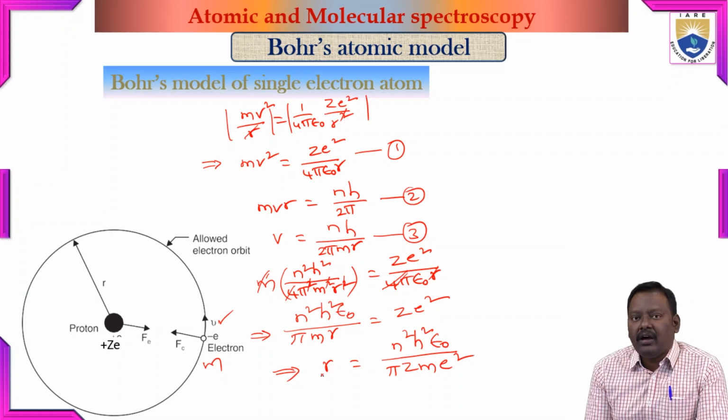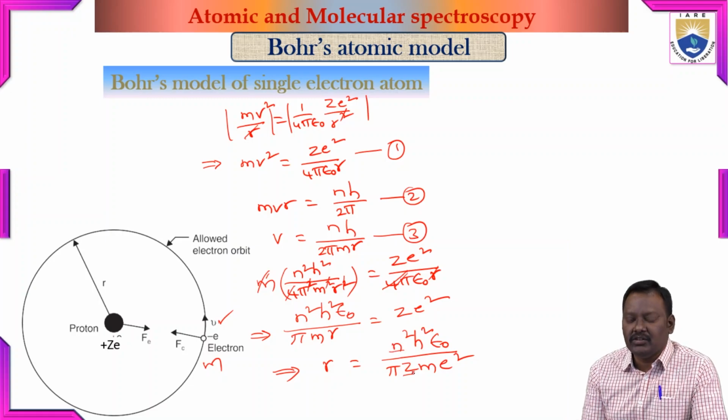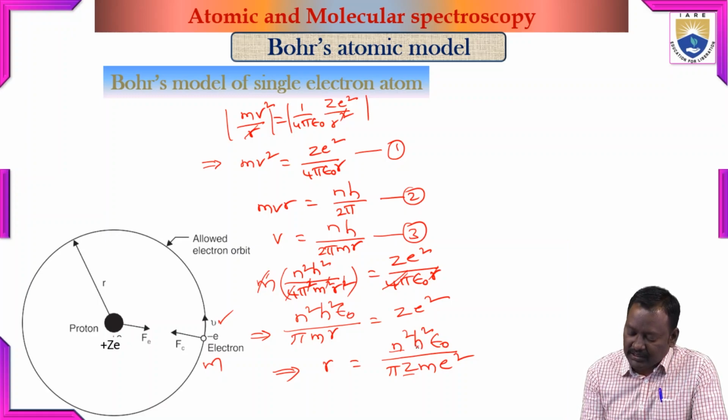So this radius of the electron changes with the value of n and the value of Z, and all the remaining parameters are constant: Planck's constant, epsilon naught, pi, m the mass of the electron, e the charge of the electron.